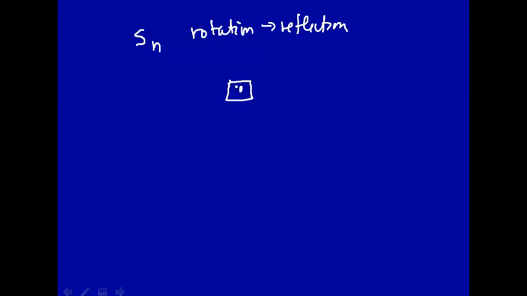So if a molecule has a dipole moment, it can't have the Sn rotation-reflection improper rotation symmetry element. Otherwise, the dipole moment would change, and the supposition is that the dipole moment can't change because it's fixed to the molecule, and the molecule can't change. So this implies that anything that has Sn in it cannot be polar.